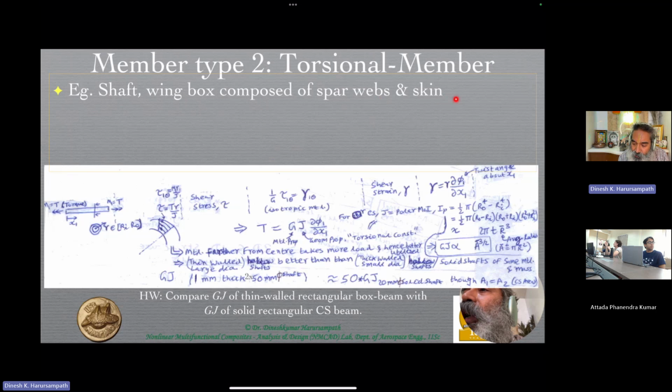It's composed of the spar webs and the skin. So in the wing that you see over here, close to the leading edge, you will have a front spar. Similarly, close to the trailing edge, you will have a rear spar. And these two together, in particular their webs, because the caps are essentially taking the axial loads which contribute towards balancing the bending or flexure.